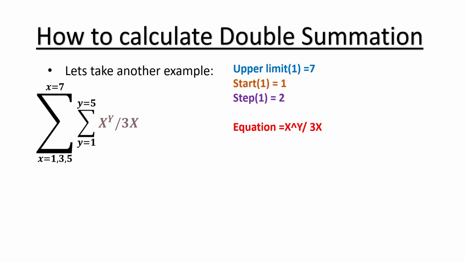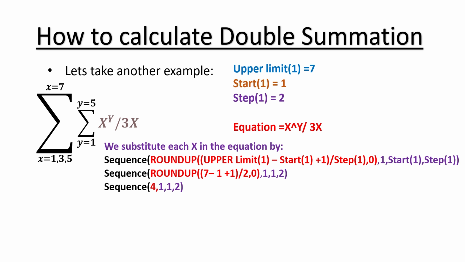You see here the upper limit 1 is 7, start 1 is 1, step 1 is 2, and the equation is x power y on 3 by x. Okay, let's see: the upper limit 2 is 5, start 2 is 1, step 2 is 1.